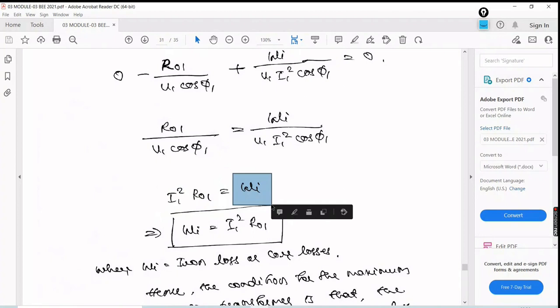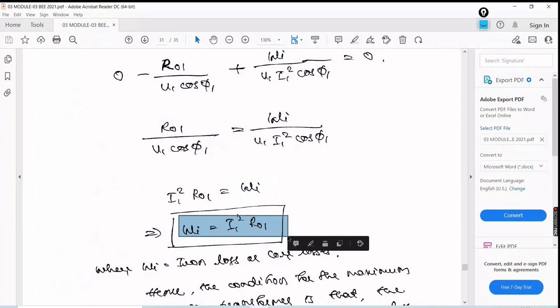What is the condition of maximum efficiency? Whenever copper loss is equal to iron loss, then we'll get maximum efficiency. This is the condition of maximum efficiency of the transformer. Whenever the iron loss is equal to copper loss, we can get maximum efficiency.